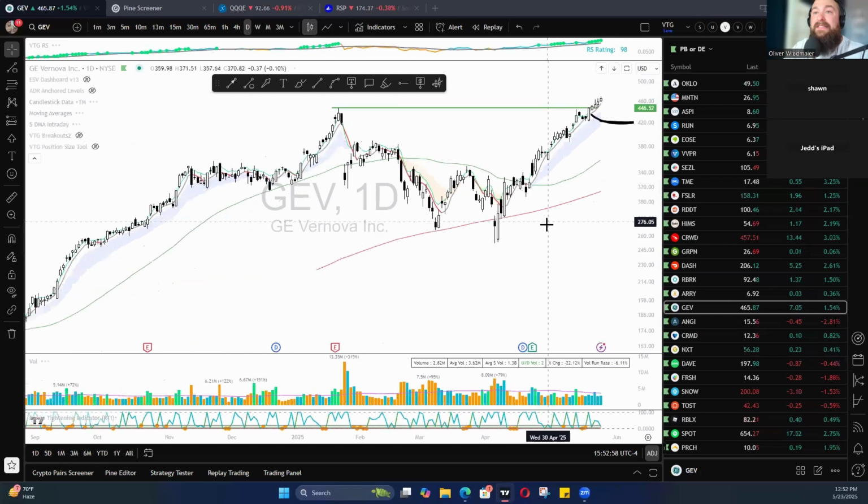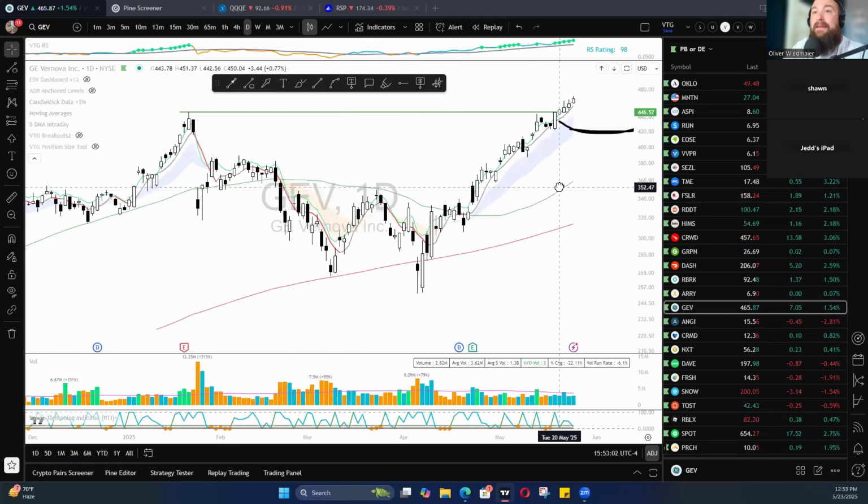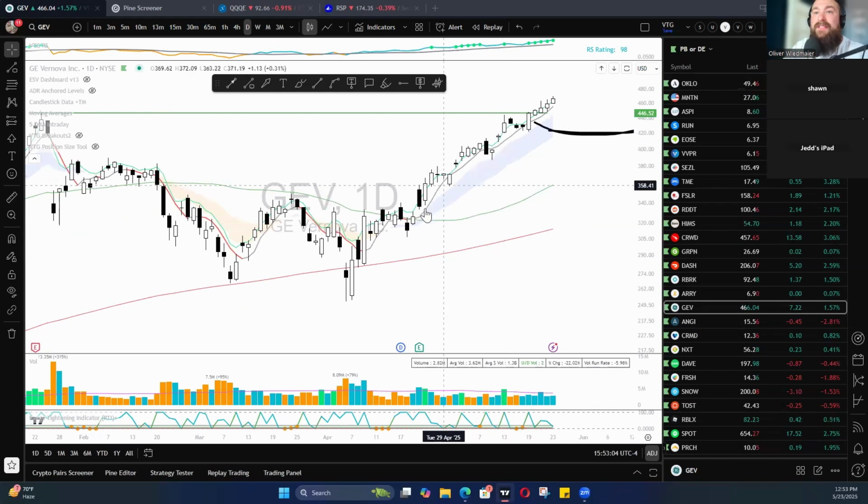I love inside days. I love to trade a high momentum name that has a couple inside days. Like this, for example, you have this high momentum, you have 2 days selling off, and then it just really tightens up here, super tight here. And then you can take that entry 433.8. That'd be a fantastic entry.